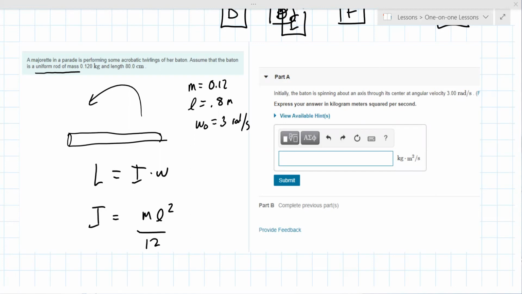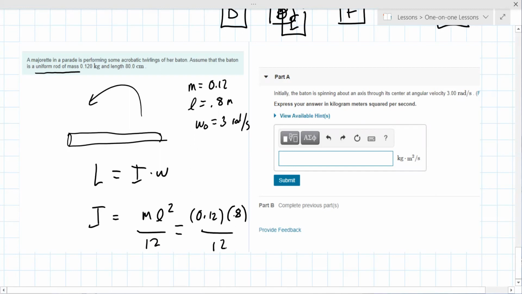Okay, so this one does just do it the way we have here. So let's just go with this. You have your mass, that's 0.12, you have your L, which is 0.8 meters, and you have your over 12, and then you have your 3 radians for omega.